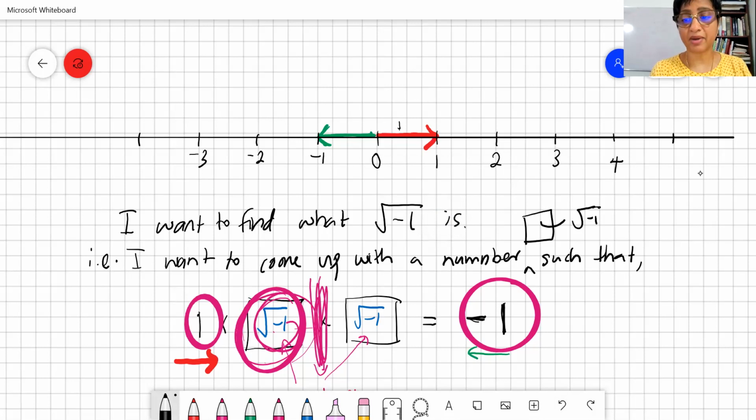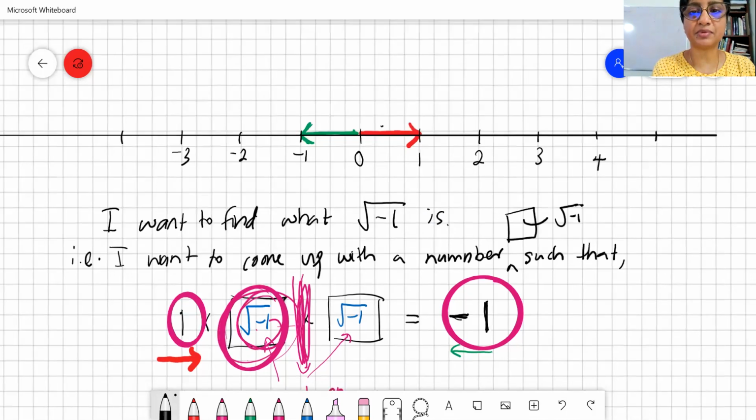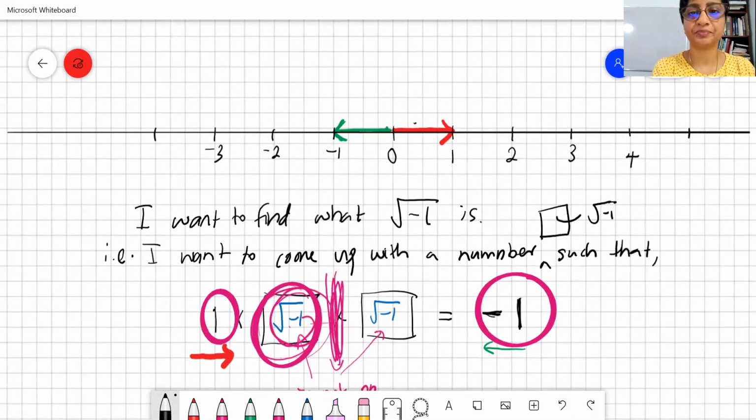If I have to multiply by this new number, which is the square root of -1, let's think of it as rotating by 90 degrees. And then I go here, and that is where this guy is.